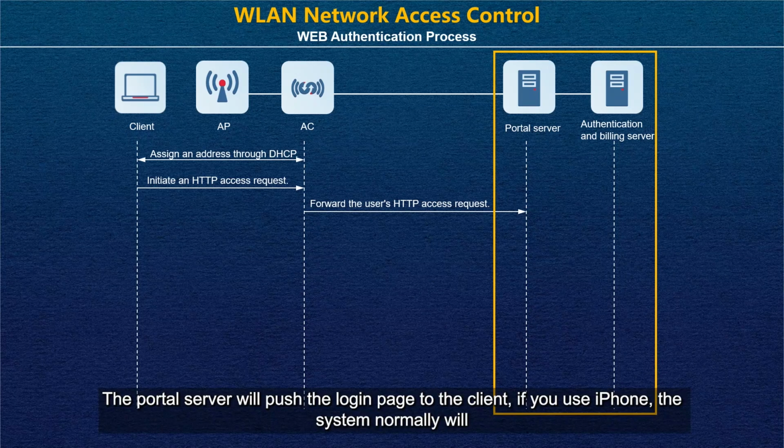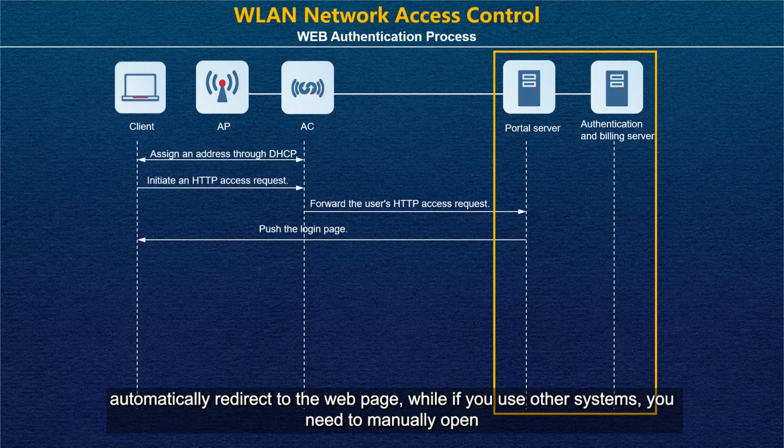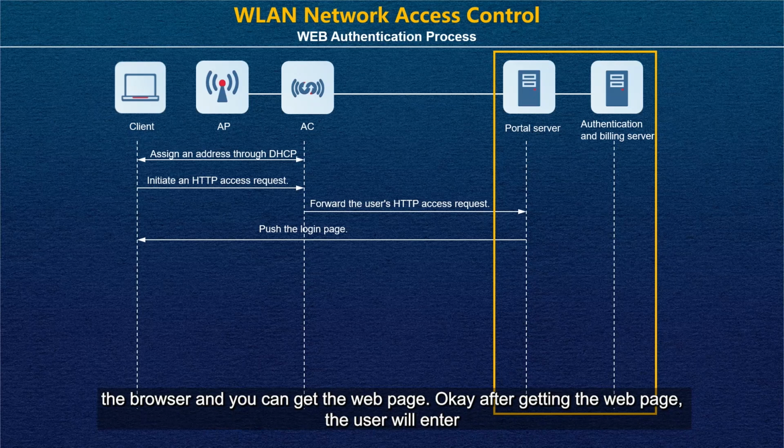The portal server will push the login page to the client. If you use the iPhone, the system normally will automatically redirect to the web page. While if you use some other system, you need to manually open the browser and you can get the web page.